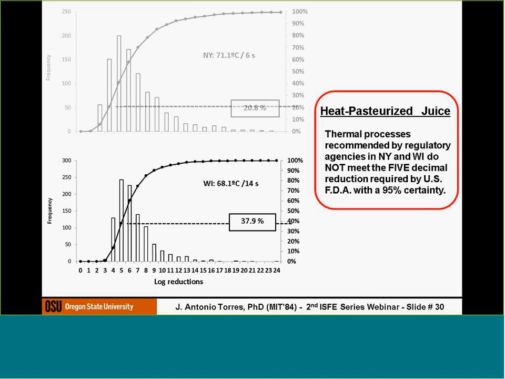So 1 in 5. Only batches of the juice. So processes will need to be increased in severity, either temperature-wise or time-wise, or a combination of both.